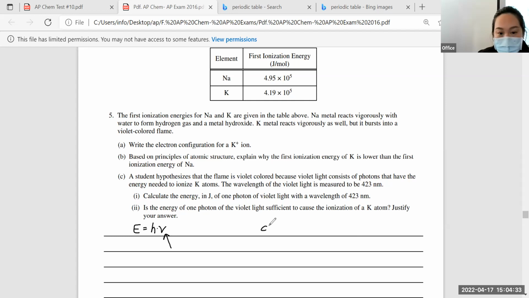Right? Speed of light is wavelength times frequency. So frequency equals speed of light divided by wavelength. Wavelength is 423 nanometers. So 423 times 10 to the negative 9 meters.